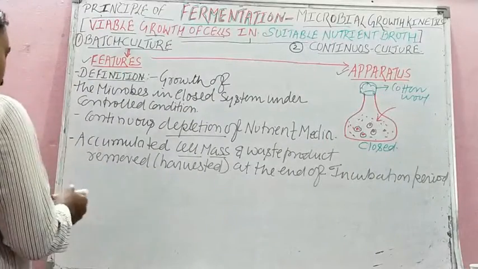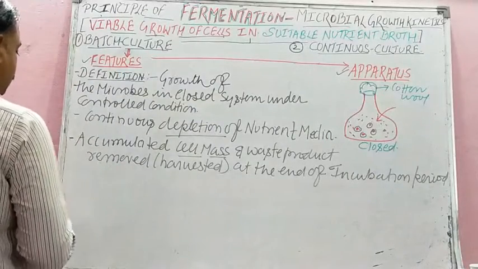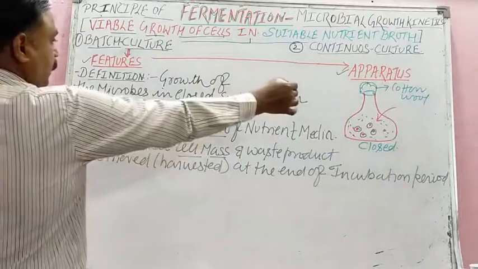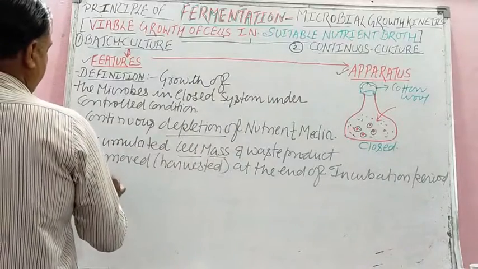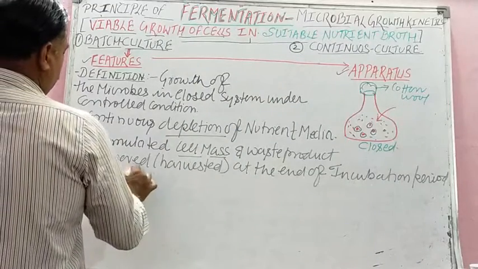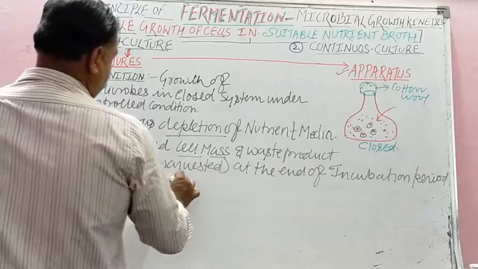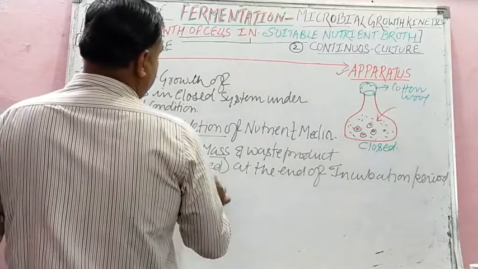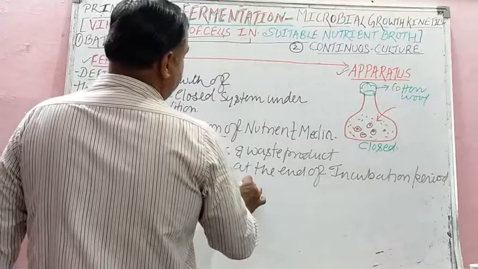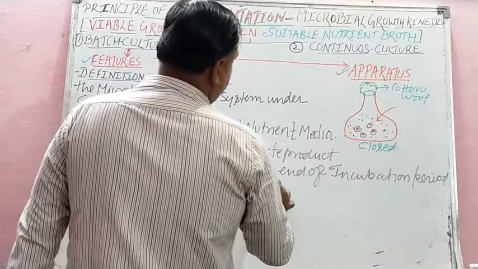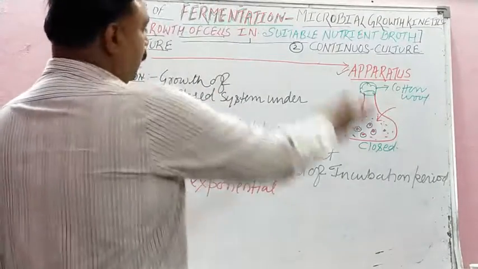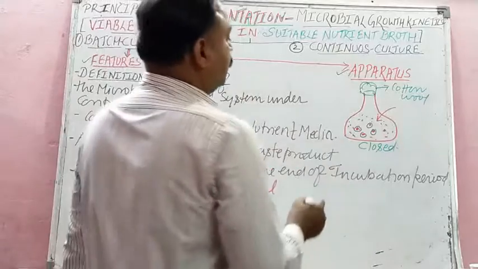And the next, last but not the least, is the log phase. Log phase is exponential. Student, what is log phase? You are going to study it in the next lecture in a graph, but I am giving you the hint.